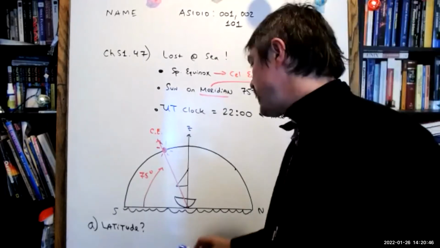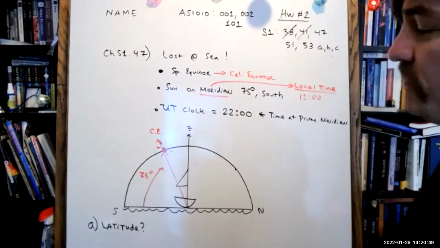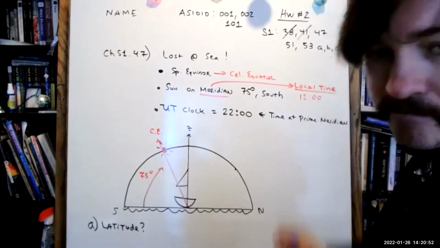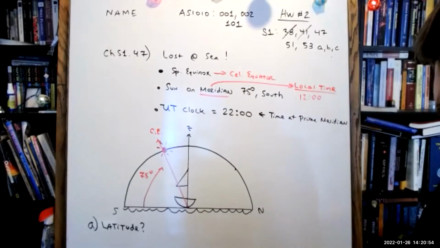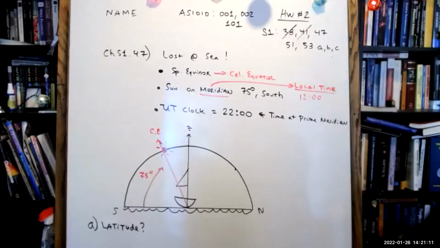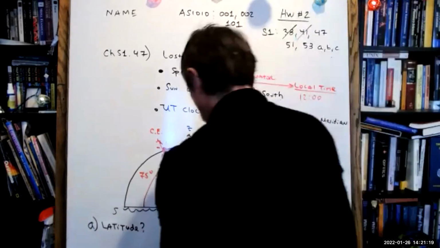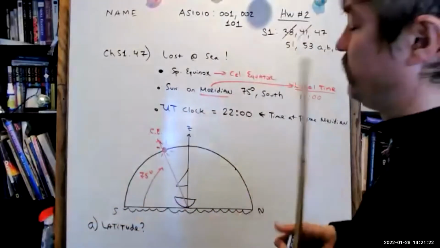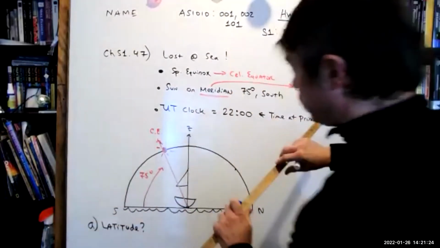So if the celestial equator is there, first of all, am I north of the equator or am I south of the equator right now? Is the boat north or south of the equator? If the celestial equator is there, the north or south celestial pole should be 90 degrees with respect to it.